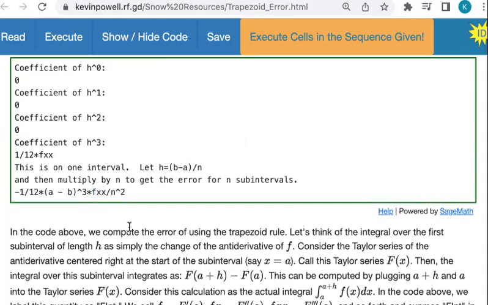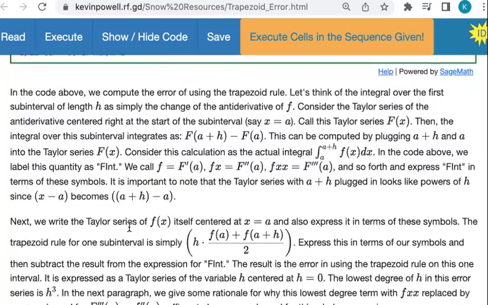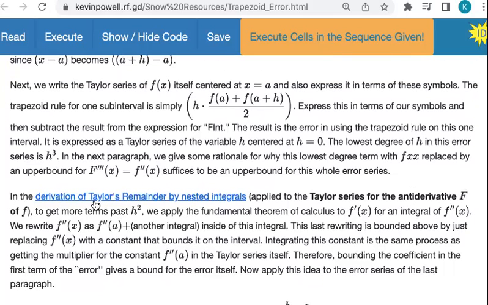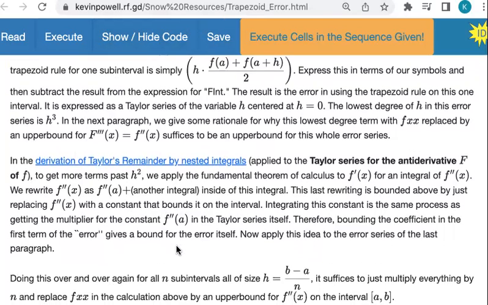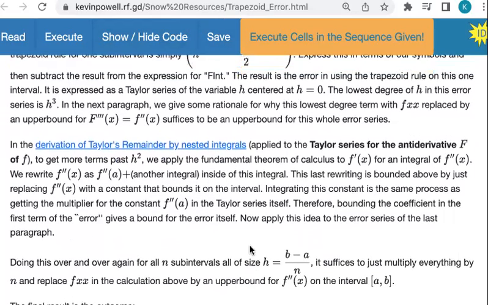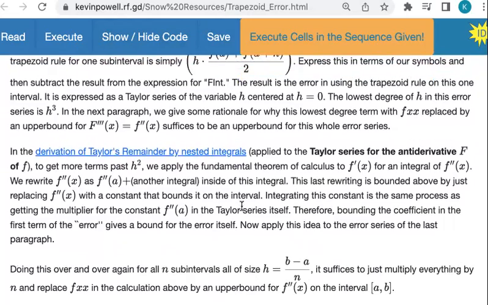Well, I have right here another video which can be watched if you're interested, at this particular website, you can click here. This is the derivation of Taylor's remainder by nested integrals, and here I give a little description as well to explain. But the gist of the idea is that it's okay to replace.